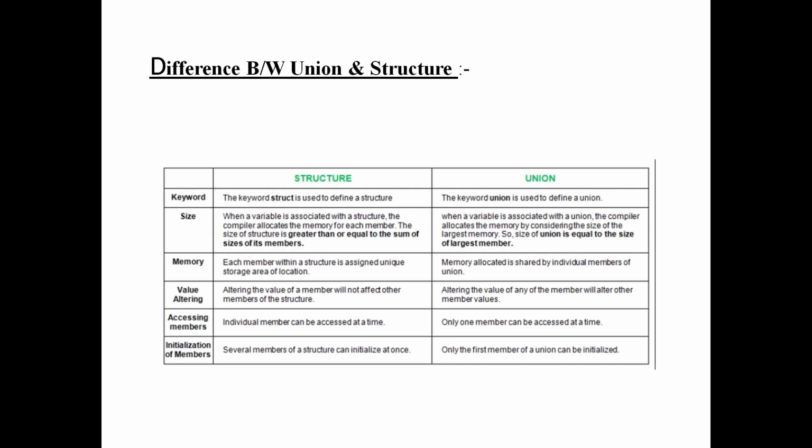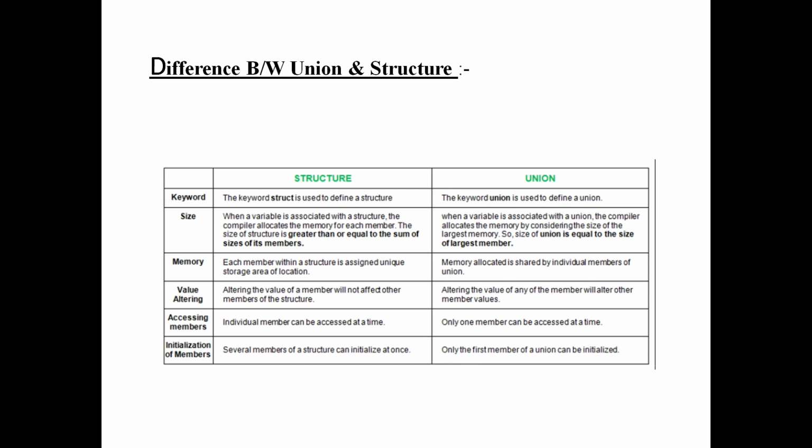Now we are discussing the differences between unions and structures. The keyword of structures is struct to define structures. The keyword union is used to define a union. Size: when a variable is associated with a structure, the compiler allocates memory for each member.